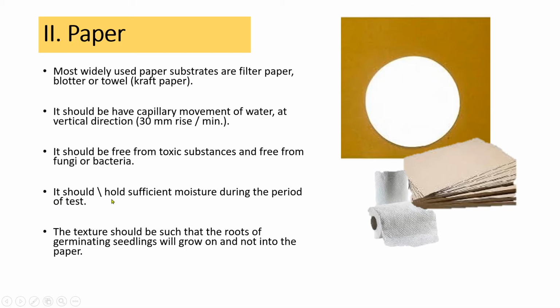It should hold a sufficient amount of moisture during the period of the test, and things should be taken care of while doing a germination test in paper. Water should not be exhausted because the substratum can hold a lesser amount of moisture compared to soil. The texture should be such that the roots of germinating seeds will grow on and not in the paper.